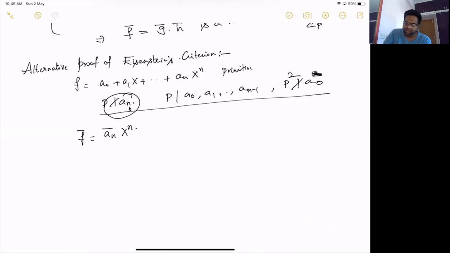Suppose F is reducible, then F is equal to G times H. We had seen that the degree of G and the degree of H are at least 1.